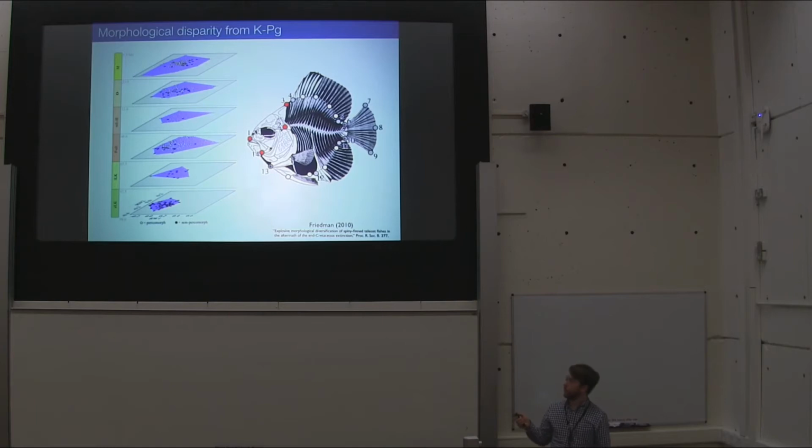So this scenario of ecological release triggering a massive increase in disparity was quantitatively tested by Matt Friedman back in 2010 using a geometric morphometric study of 600 species of whole-body acanthomorph fossils, ranging in time from their first appearance in the Cenomanian, the early late Cretaceous, all the way through to the Miocene.